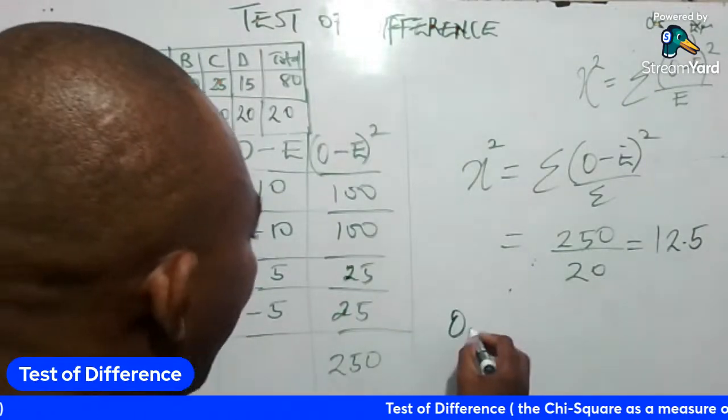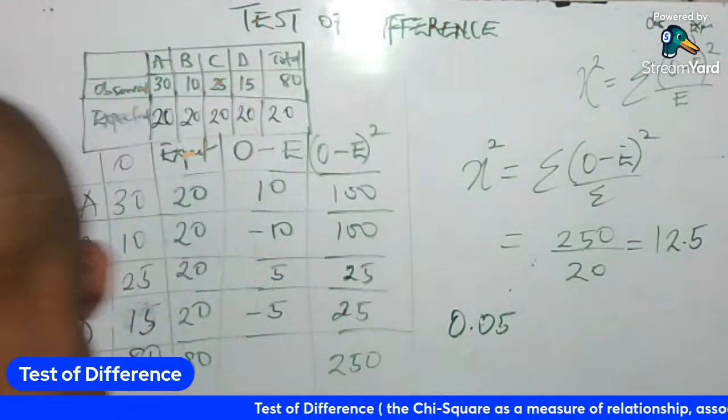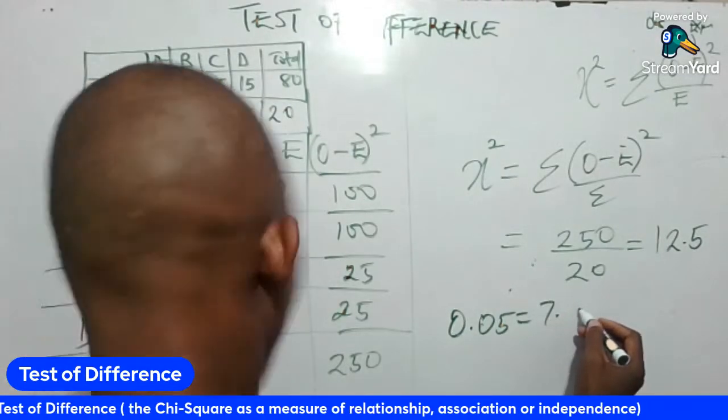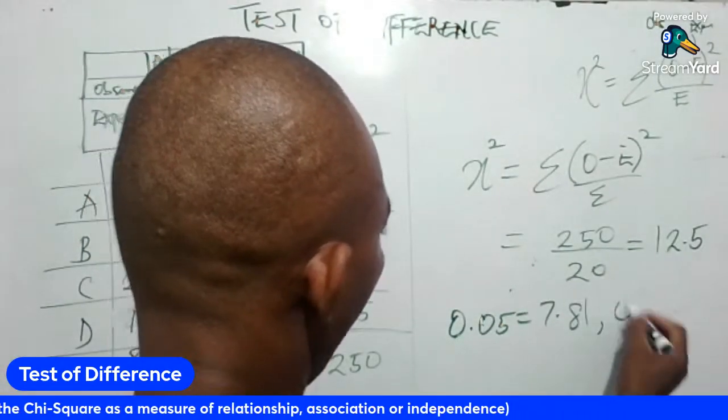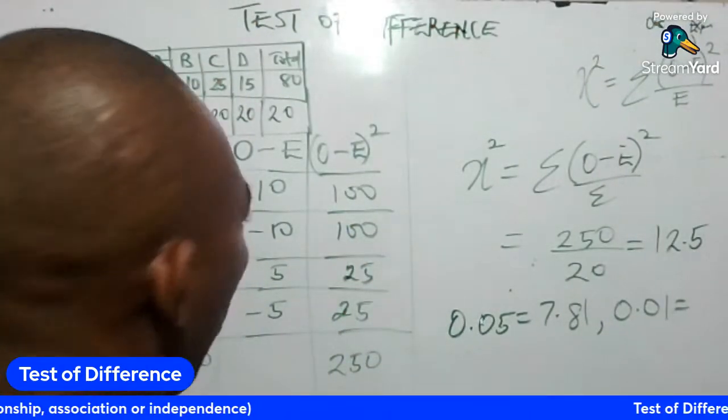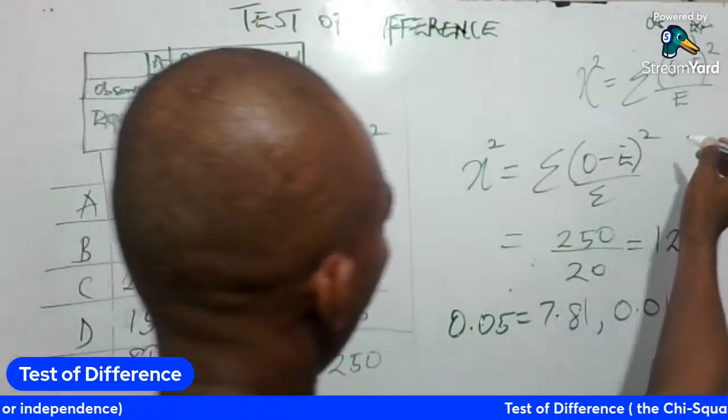If I check it under 0.05, that is going to give me 7.81. If I check under 0.01 under the chi-square, of course, don't forget you need to get your degree of freedom.